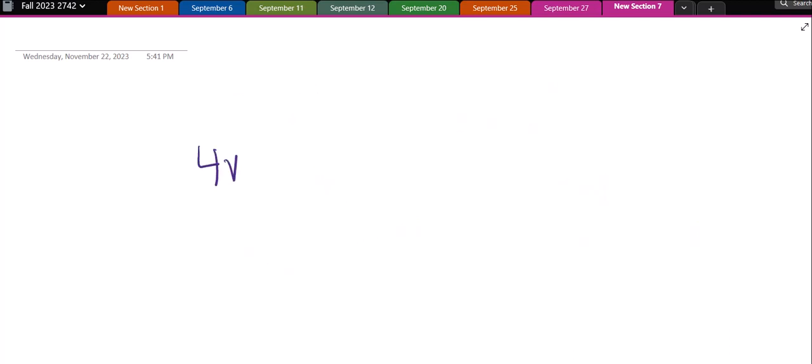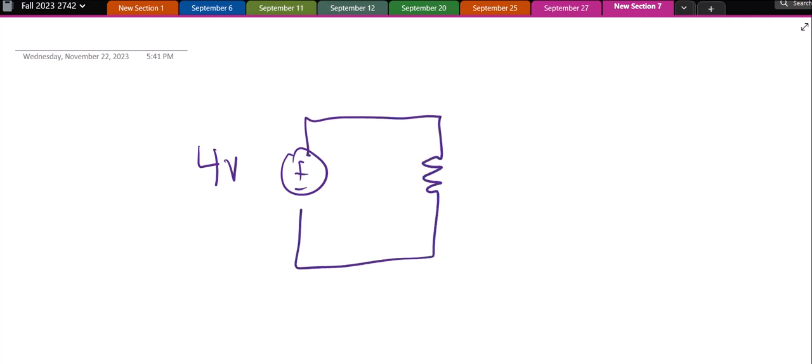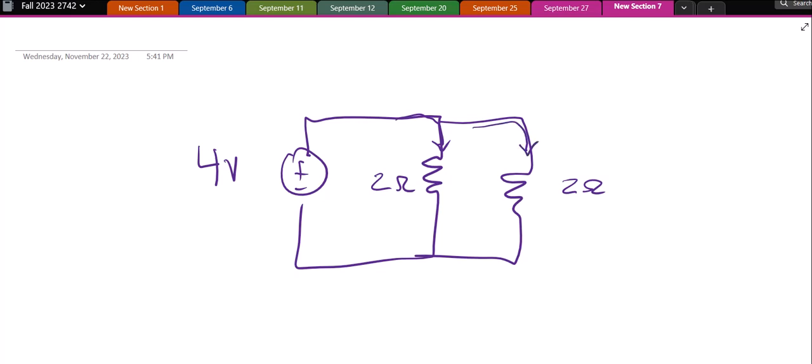Let's say I had a 4-volt voltage source, and I had two resistors, both 2 ohms. Then I can be pretty sure that whatever my current is, it's going to divide itself up equally and go through both of them.